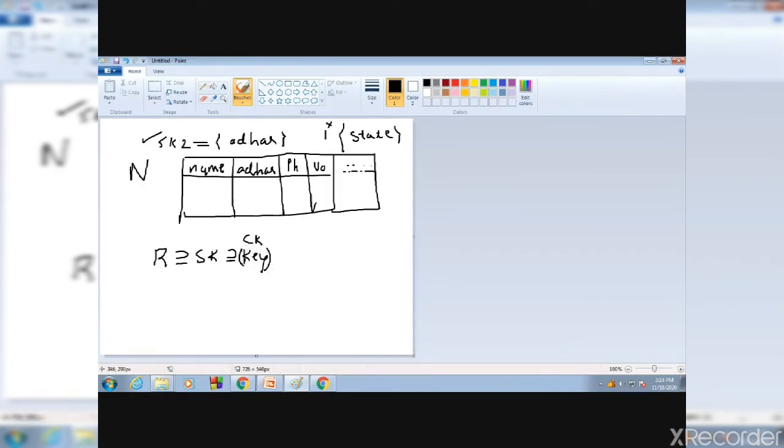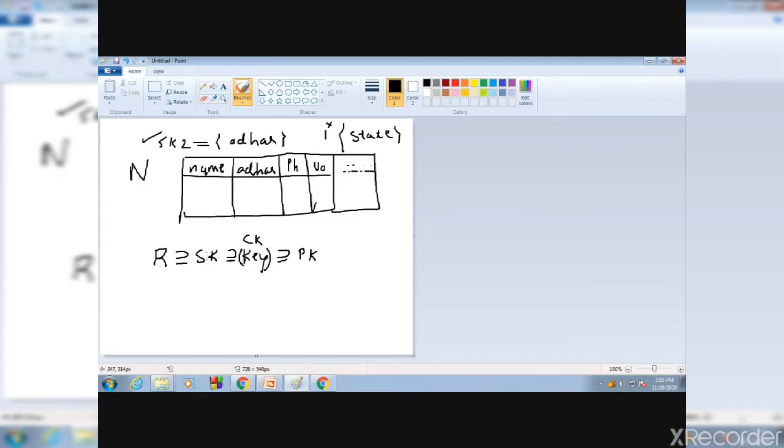Among these, one we randomly choose, that is the primary key. So first, R is nothing but all the attributes in our relation schema. Among them, some set of attributes together can derive a tuple individually, that is a super key.